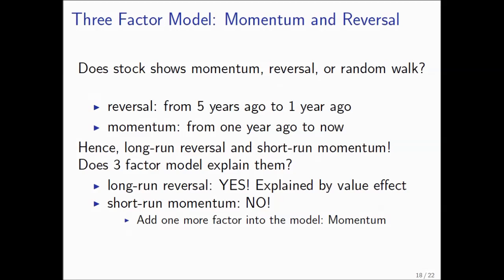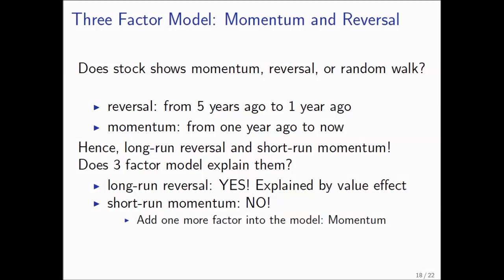And the next thing is what factor models are going to explain: what we call short-run momentum and long-run reversal. Stocks actually show a reversal from 5 years ago to 1 year ago, which is a long-run reversal, but there's a short-run momentum from 1 year ago to now.